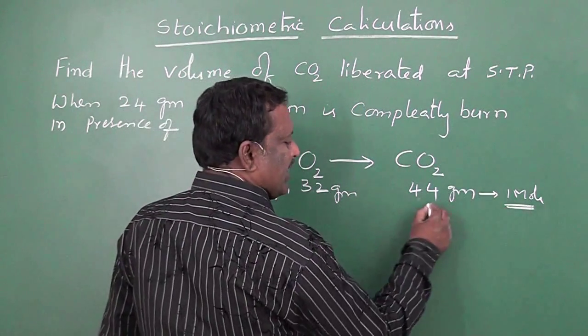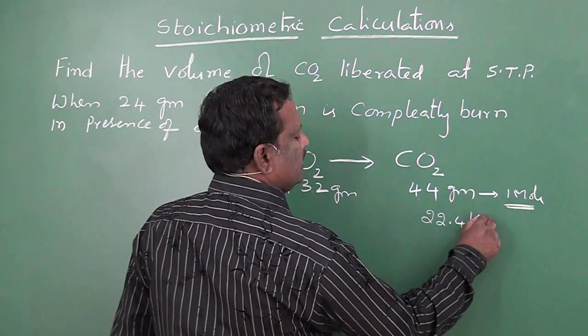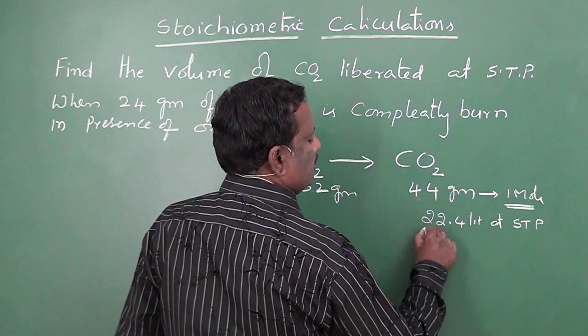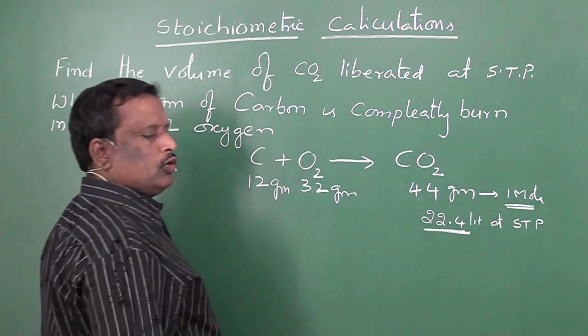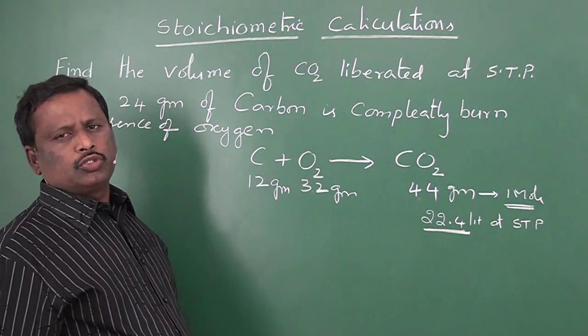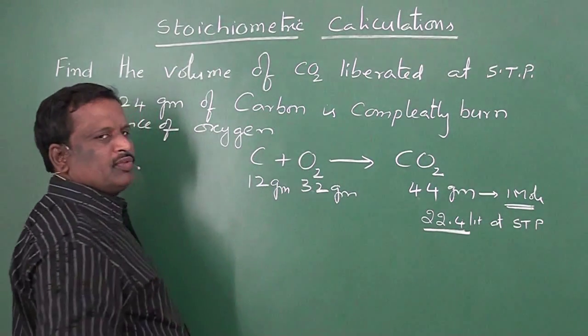So, 1 mole of a gas will occupy 22.4 liters at STP. That is the volume of CO2. Now, this volume of CO2 is liberated from 12 grams of carbon.